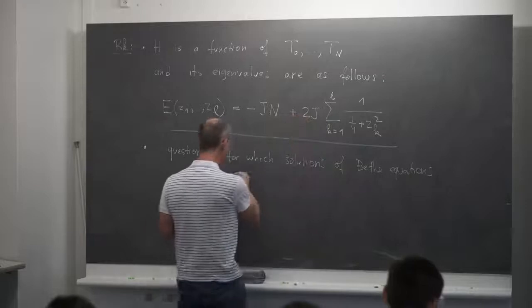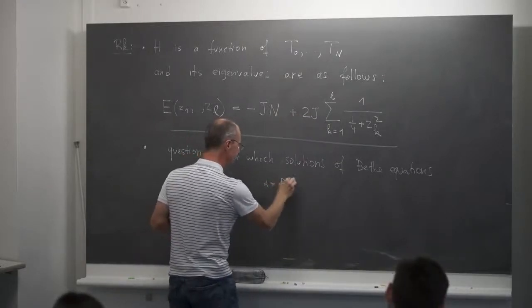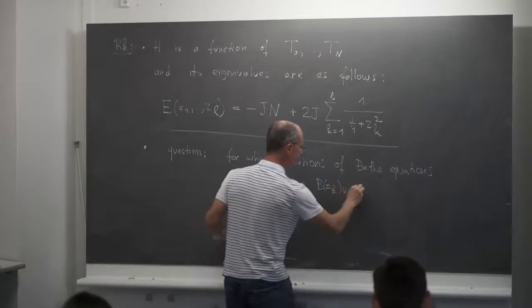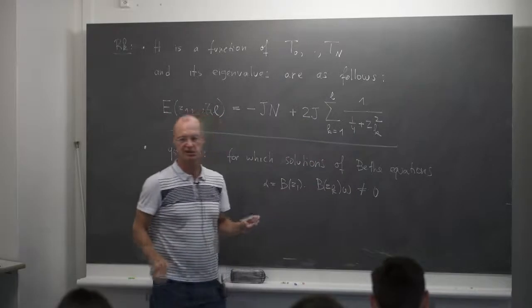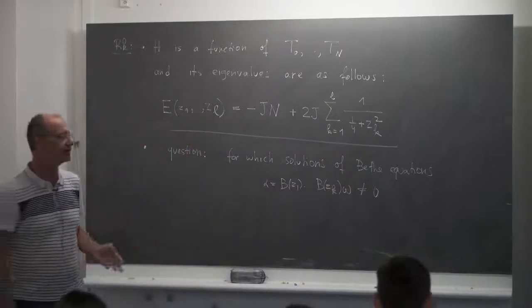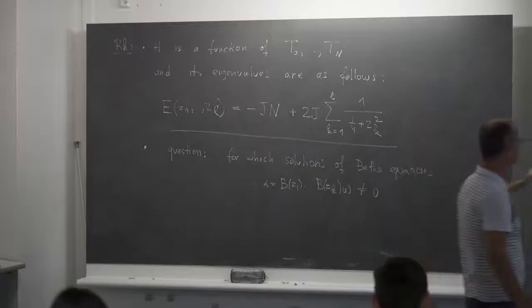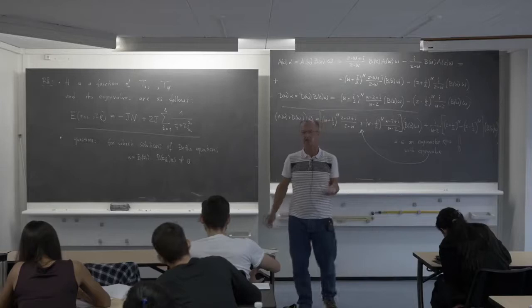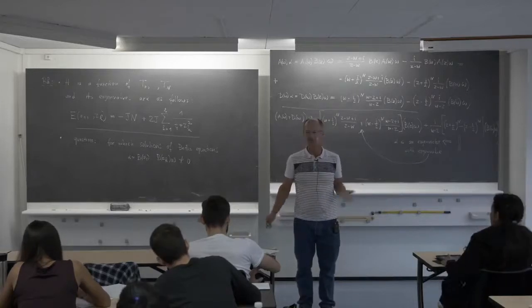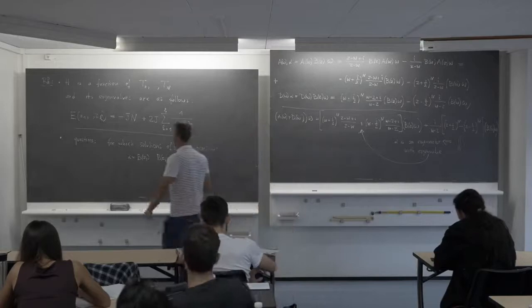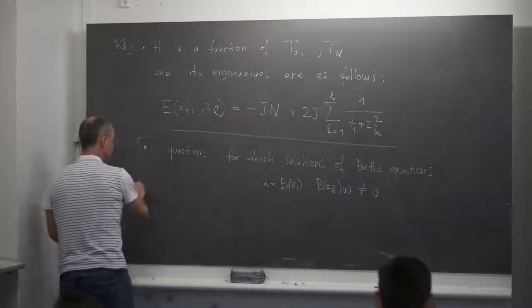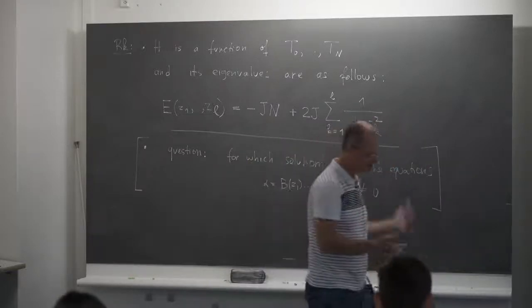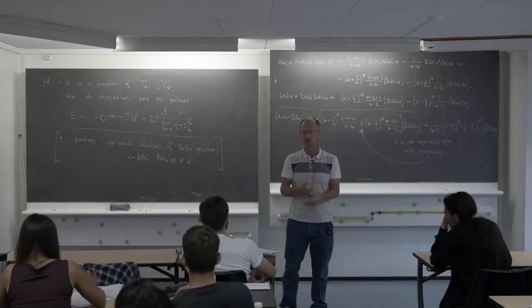For which solutions of Bethe equations are the corresponding vectors non-zero? Because, right, if you got an eigenvector with a very nice eigenvalue and this vector is actually 0, then it doesn't give you much information. So in principle, I think probably for this model the complete answer is known.